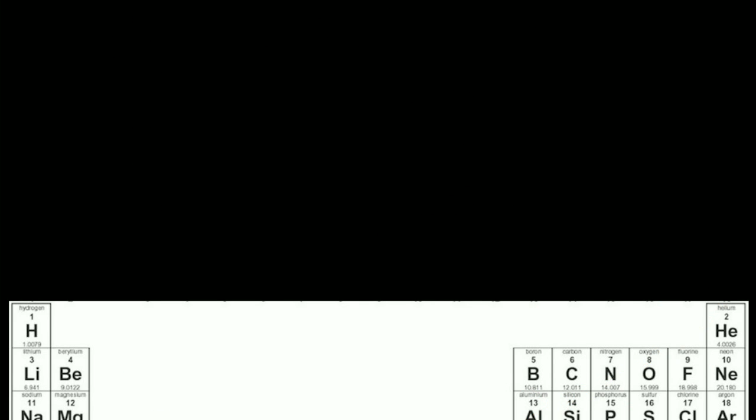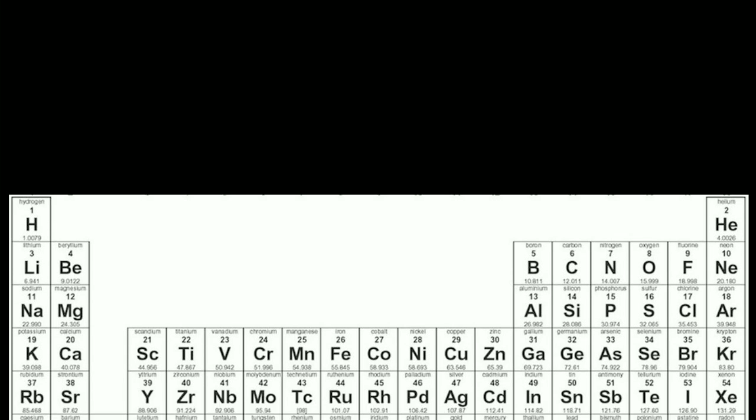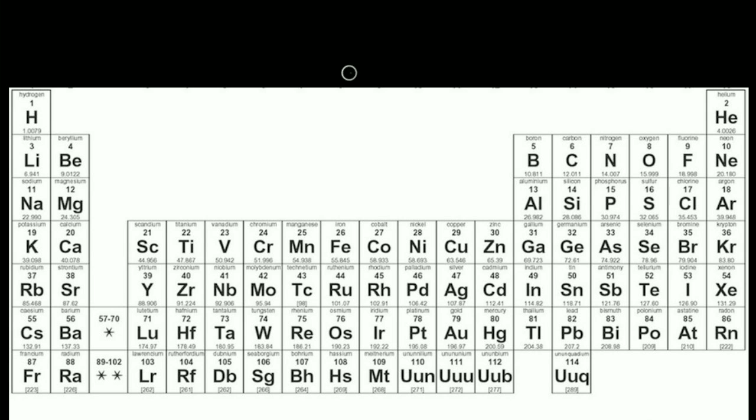Let's do another one of these. So let's say we were given the elements silicon or nitrogen. So silicon versus nitrogen.